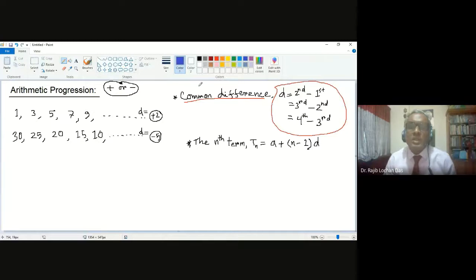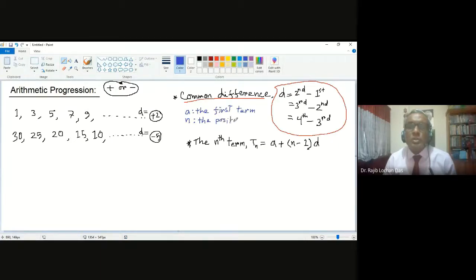It is very clear. And what are the other things? A, we call this the first term, the first number. So you can say number or you can say term, it's the same thing. So the first number in the sequence. And what is n? N is the position of the number. Position means first position, second position, third position, like that.